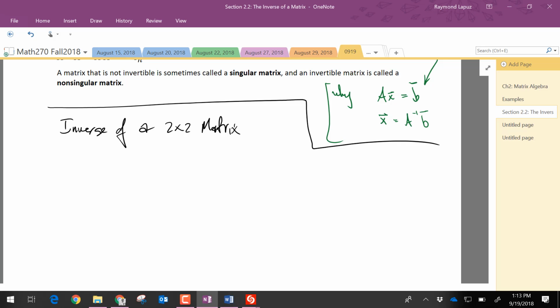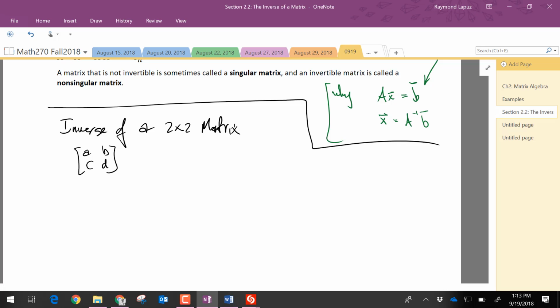But suppose you had a generic 2 by 2 matrix, which means we can make up random numbers for each of those 4 places.